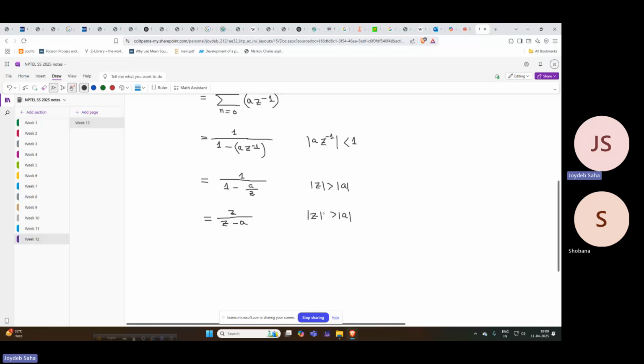So what is the ROC? The ROC is mod z greater than mod a.